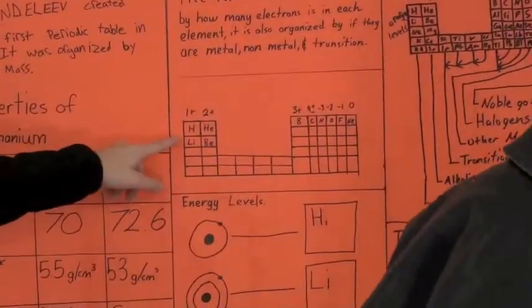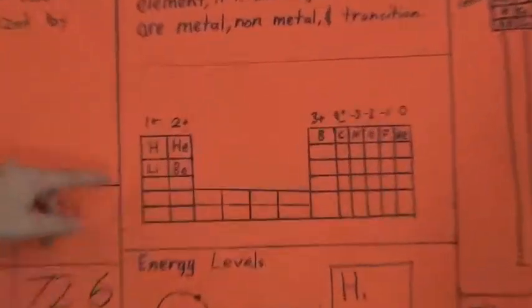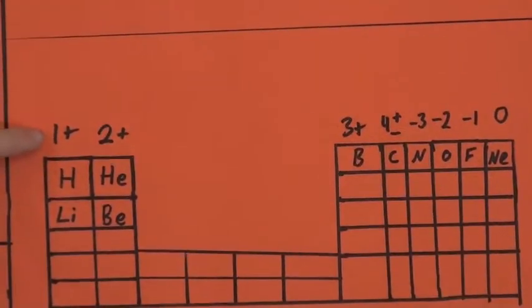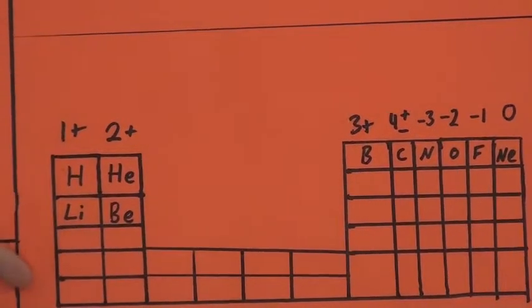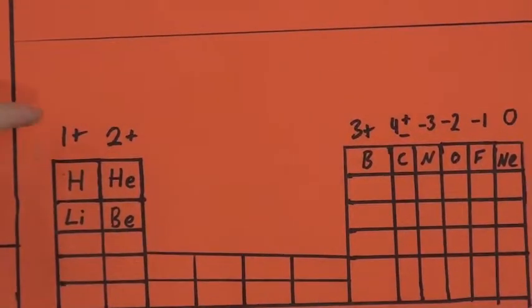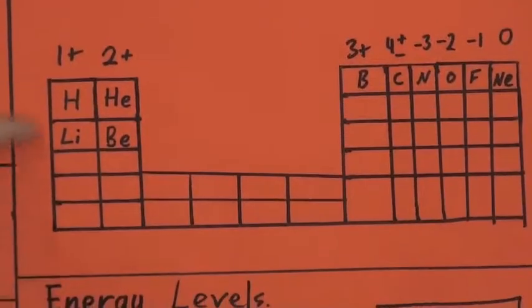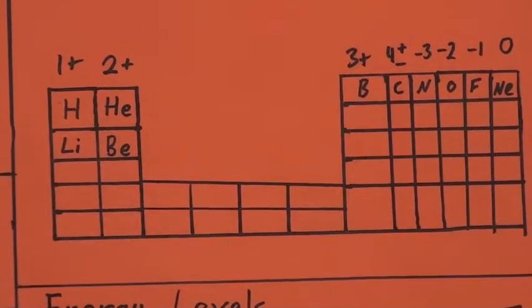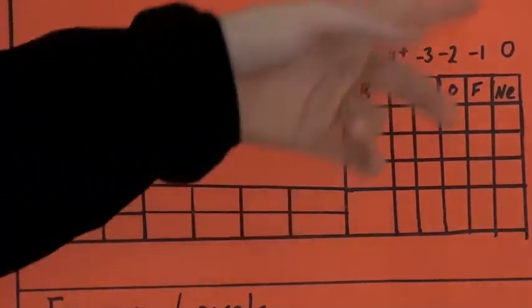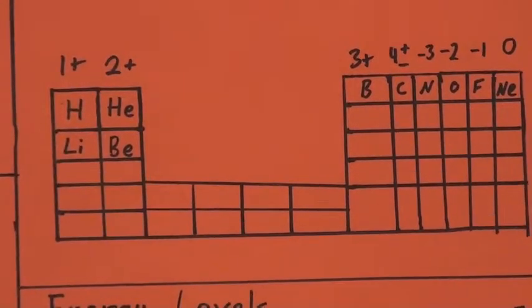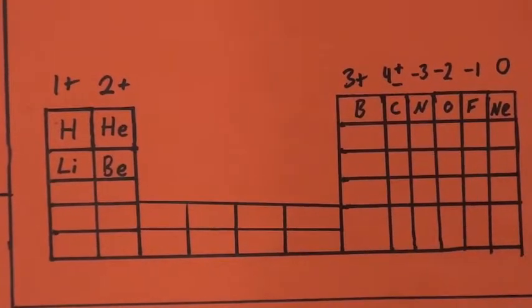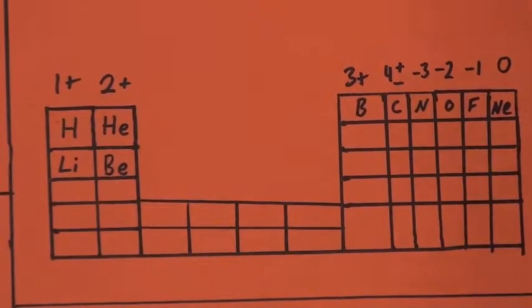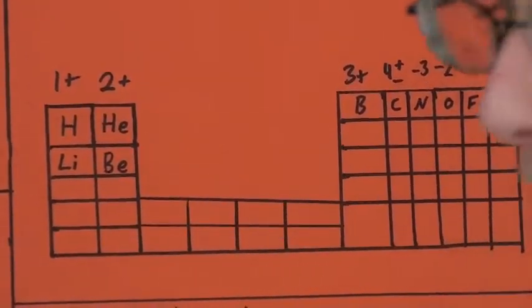These are how many valence electrons each element has, and these side ones are energy levels. Oh, I get it, with hydrogen only having 1 energy level, and lithium having 2, and sodium having 3, and potassium having 4. Oh, excellent. Let's hear it for him.